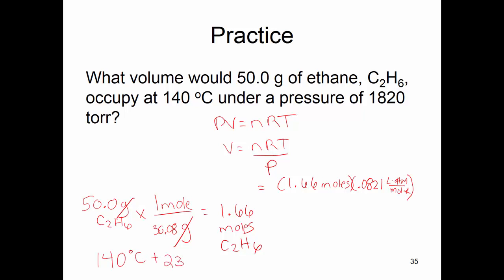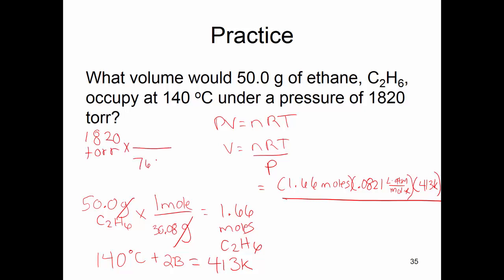Temperature is 140 degrees Celsius. We've got to add 273, and so we get 413 Kelvin. Pressure is in torr, and it has to be in atm to cancel. There are 760 torr in 1 atm.